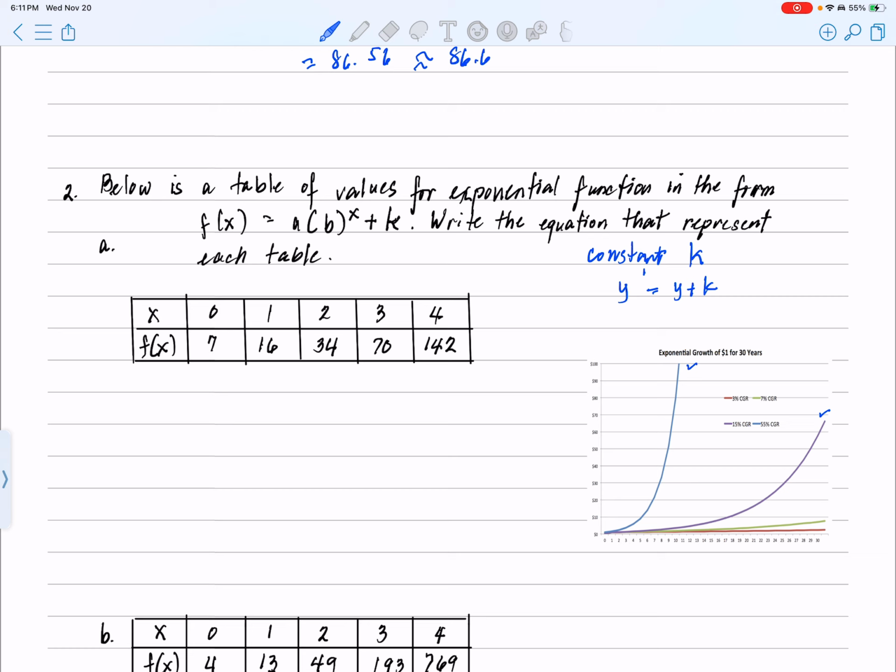Okay, below is a table of values for an exponential function in the form of f of x equals a times b to the power of x plus k. This is the k I'm talking about. Write the equation to represent its table.